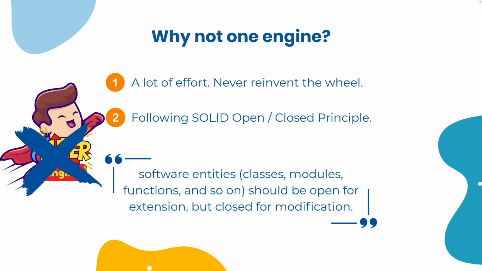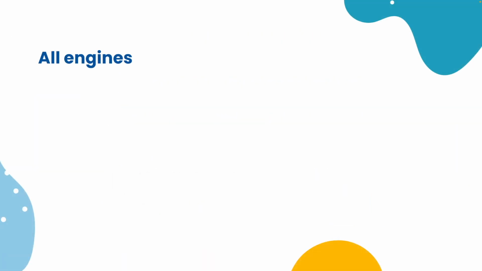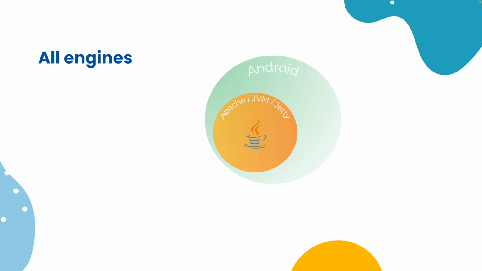Now let's take a look at all the engines that Ktor has and their relationships. First, we have the Apache, Java, and Jetty engines. All of these are suitable for a JVM target. After that, we have the Android engine, which obviously supports Android, but it can also work with the JVM if you need it to. Then we have the Darwin engine, which is the engine of choice for all Apple operating systems.